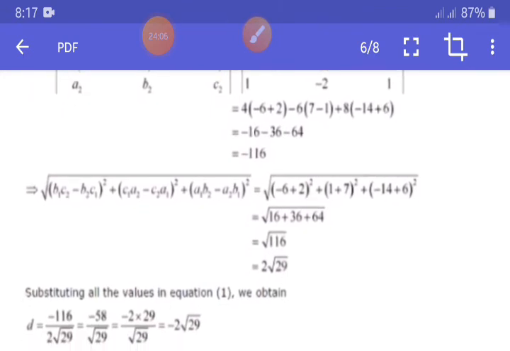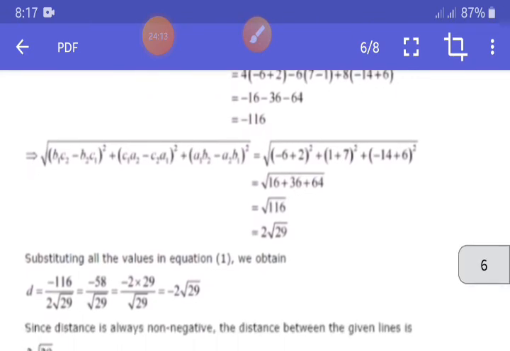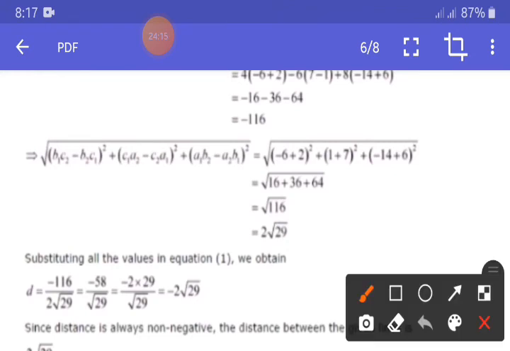The denominator, modulus of b1 vector cross b2 vector, is the square root of (minus 6 plus 2) whole squared plus (1 plus 7) whole squared plus (minus 14 plus 6) whole squared.